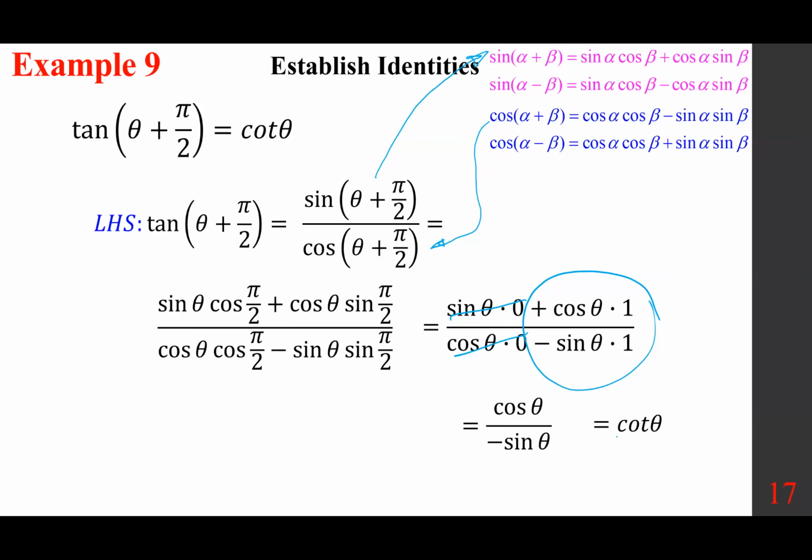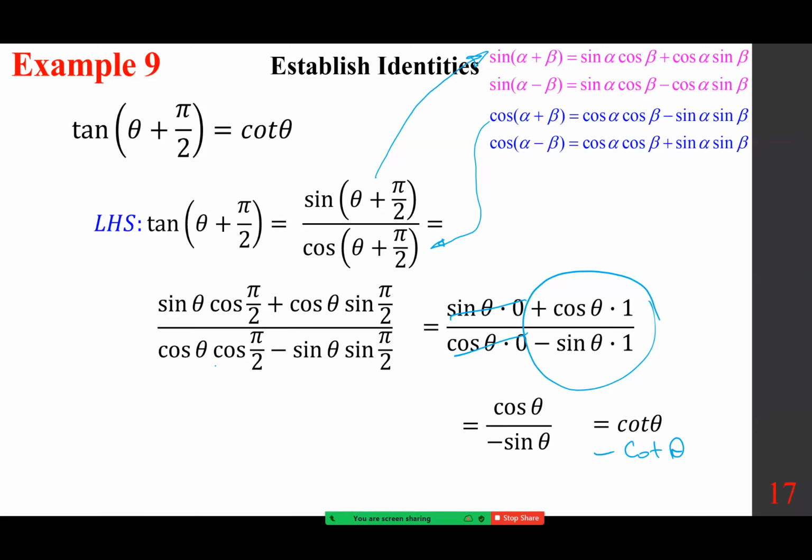That is negative. Let's make sure this is correct. So sine theta cosine power 2, cosine theta sine power 2. Oh, that's not sine. Theta times cosine power 2, that is 0, plus cosine theta sine power 2.